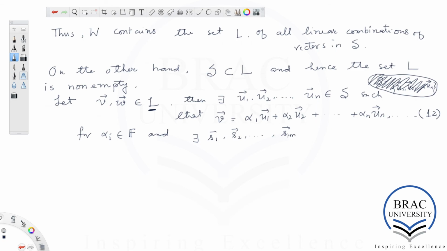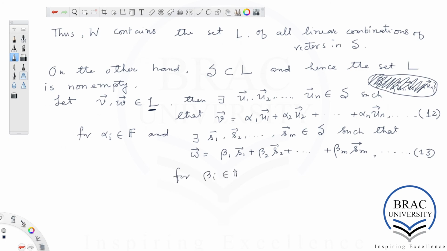So there are m many vectors in the set S, which can be an infinite set as well, such that w can be written as a linear combination of these m vectors: beta 1 s1 plus beta 2 s2 all the way up to beta m sm. This is equation number 13, for beta j in the field.